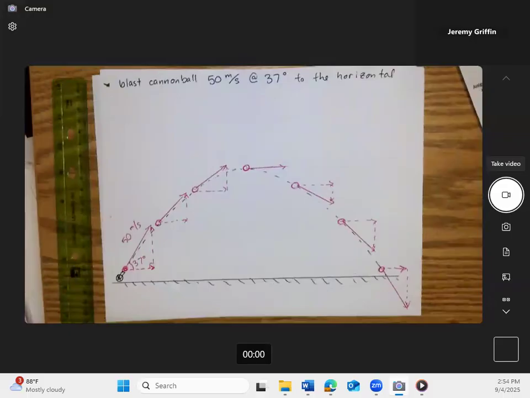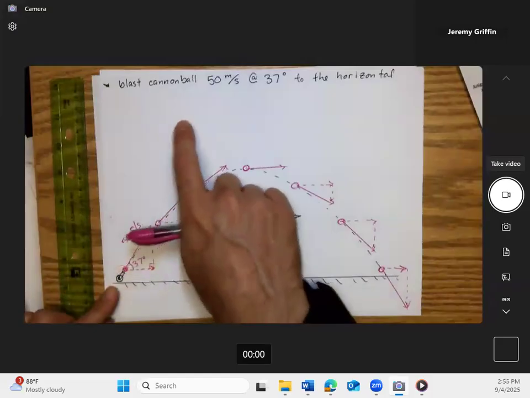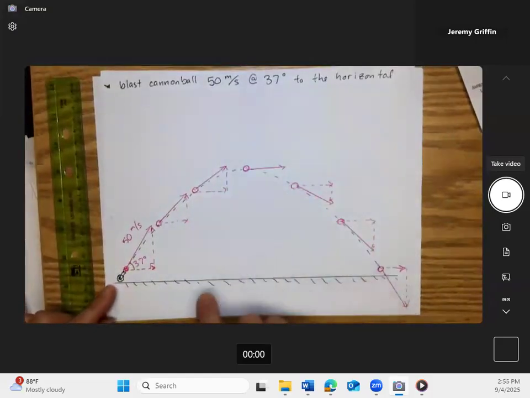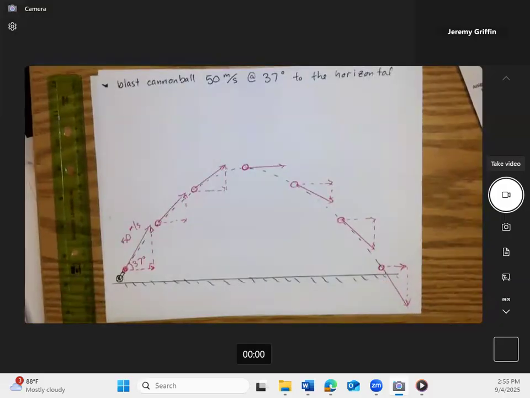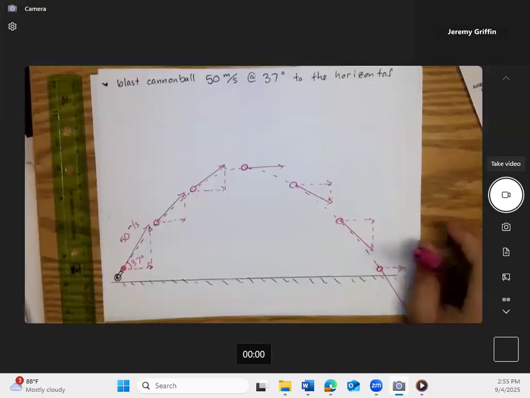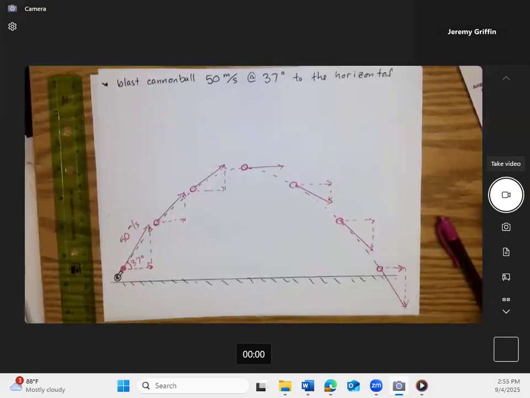Because again, to make sense of this, the question could ultimately be: if you're given this premise, 50 meters per second, 37 degrees from the horizontal, I wonder how far the cannonball goes. That is an answerable question. You could eventually figure that out. You know how to approach this.